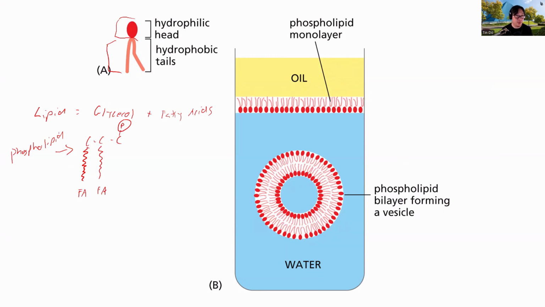Versus a phosphate group, which has 4 oxygens bound to a phosphorus, the oxygen and the phosphate will create a polar behavior where it likes to interact with polar molecules. So again, if you have a layer of oil on top of water, you're going to see a separation where the phospholipid hydrophilic head is going to be interacting with the water and vice versa. The fatty acids will interact with the tails.